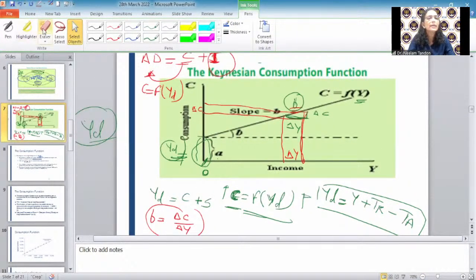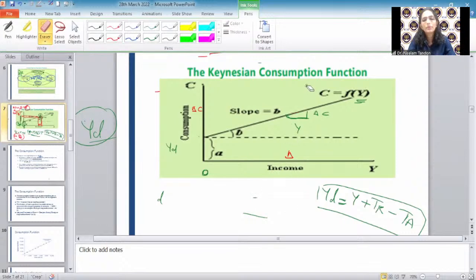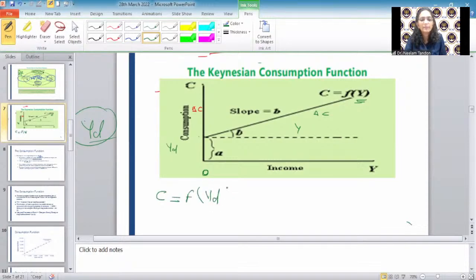I'll erase it so that it becomes easy for you to understand once again. Open the book and see yourself, this is from the book only. So consumption, as we have shared, is a function of disposable income.